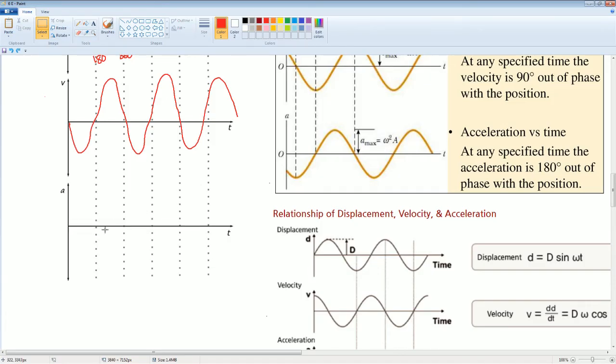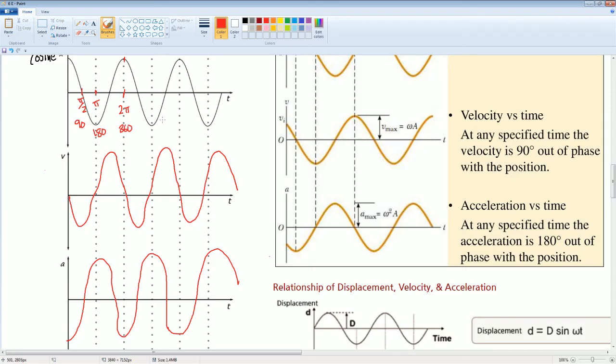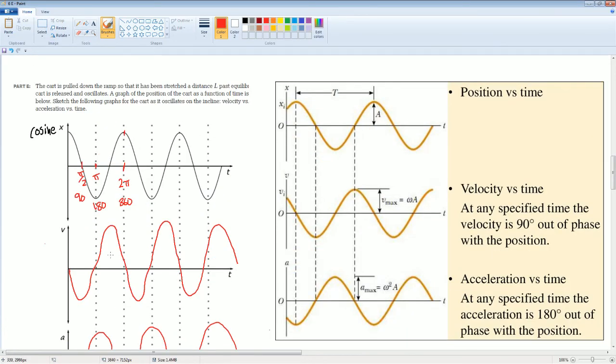It looks like this. Up, down, up. Sorry, that's horrible. Down, up, down. So again, from the cosine, this is a cosine wave, so this is going to be a sine wave, but it's going to be negative.